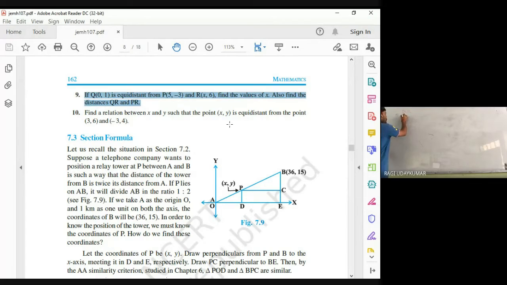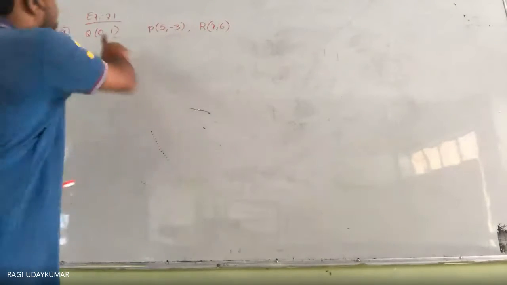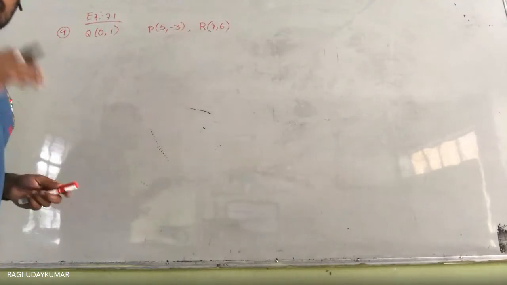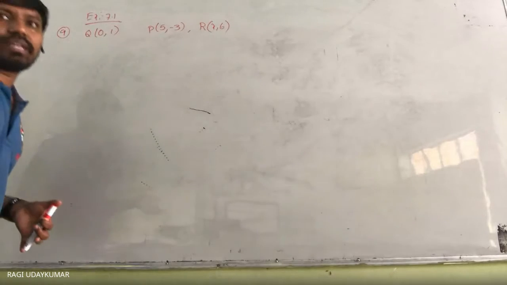Q is 0 comma 1, and P is 5 comma minus 3, and R is x comma 6. Question is find the value of X if this Q is equidistant from these 2 points. Equidistant from the 2 points is nothing but distance PQ equal to QR, and from there you need to find out X.